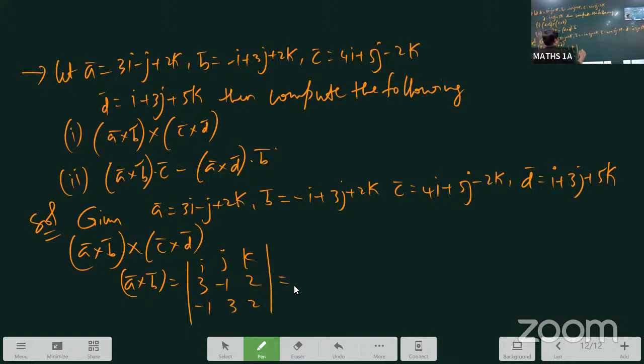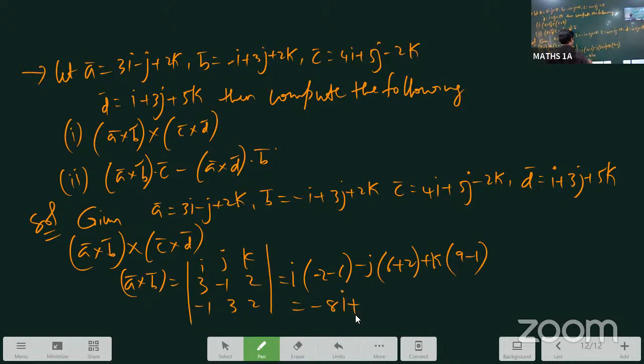That is equal to i into, the same sums which we did previously also, minus 2 minus 6, minus j into 6 plus 2, plus k into 9 minus 1. That is minus 8i minus 8j plus 8k. This is what I got.